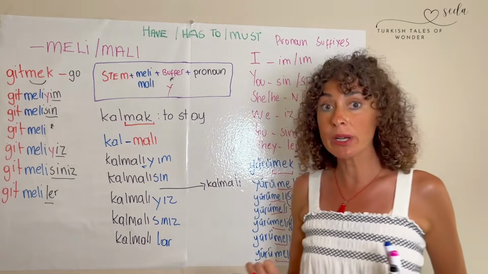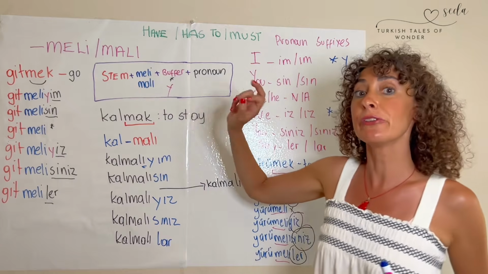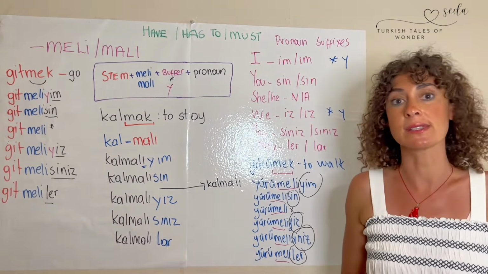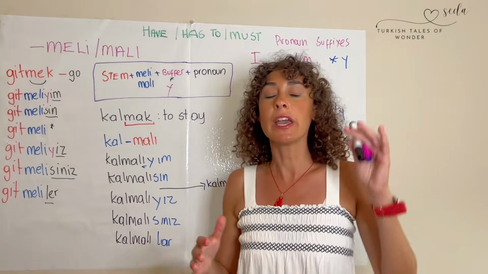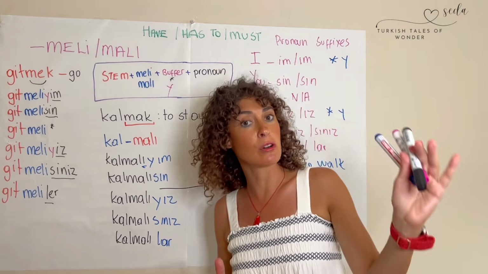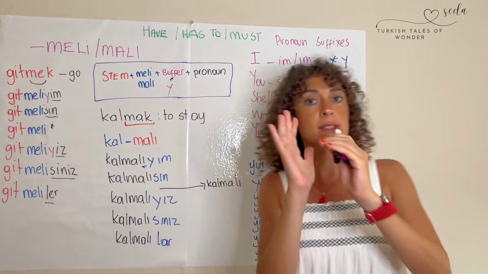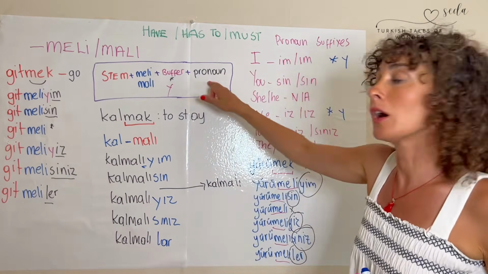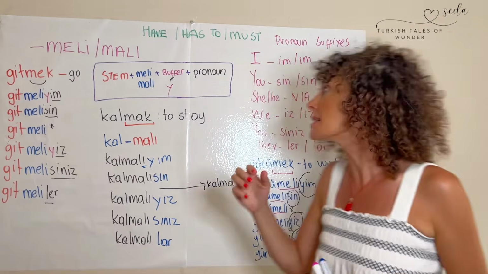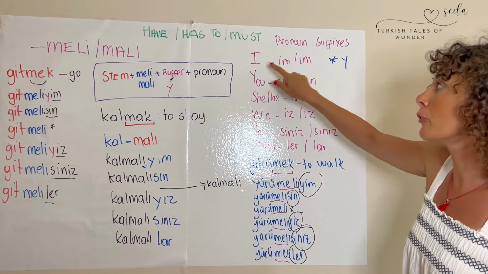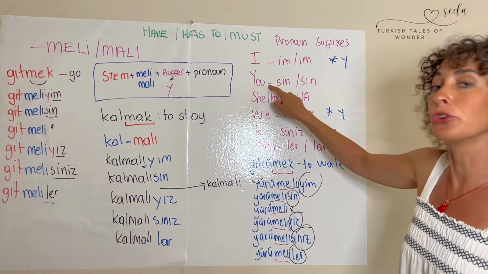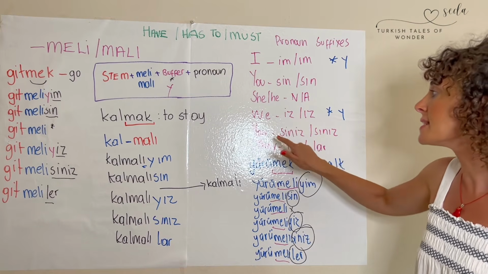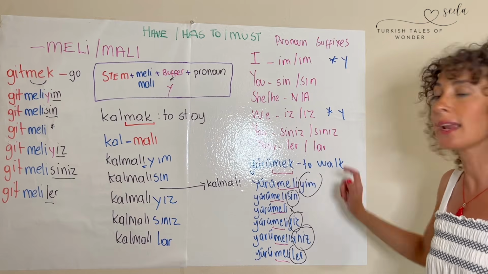Then you add meli, malı. Then if it's needed, you add the buffer letter. Then the pronoun suffixes. When can it be needed? If the word ends with a vowel and starts with a vowel, you need a buffer letter. And what are our pronoun suffixes? They are here. Im for I, sin, sın for you, nothing for she, he, iz for we, siniz, sınız for you, ler, lar for they.